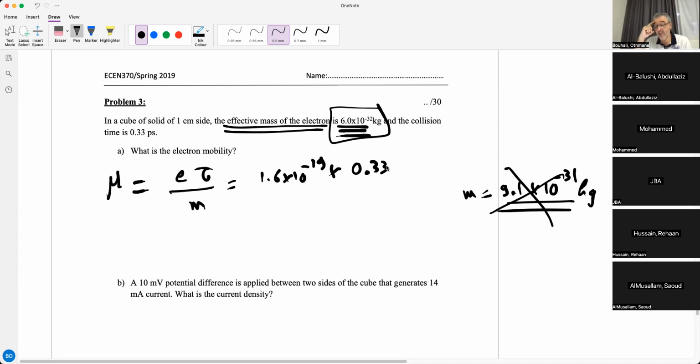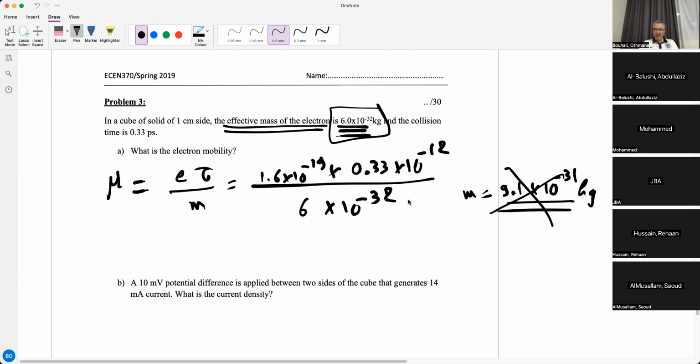What is picosecond? Times 10 to the power of negative 12. Okay. Divided by the mass, I gave you the mass, 6 times 10 to the minus 32 kilogram. Let me do the calculation.